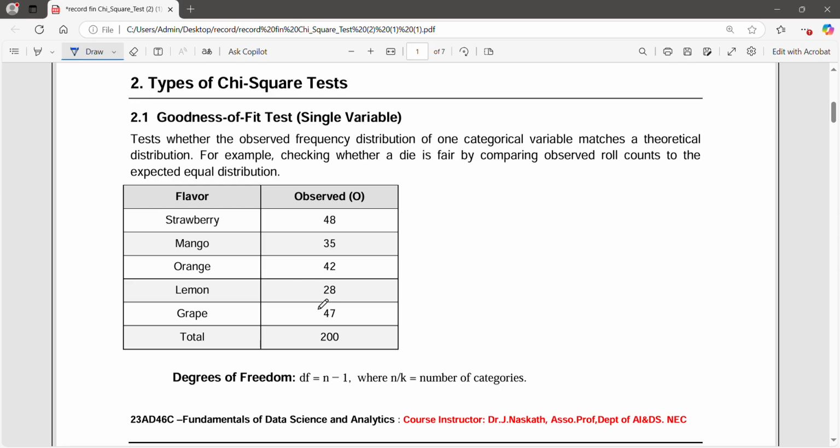Here we categorize two sets of data, the observed one and the expected one. Here only a single variable is considered. For example, based upon the flavor, the observed data is considered. Based upon these calculations, we find the expected values and the chi-square value. The goodness of fit means how well the observed data fits the expected distribution. If it is very close to the expected value, that is called a good fit.